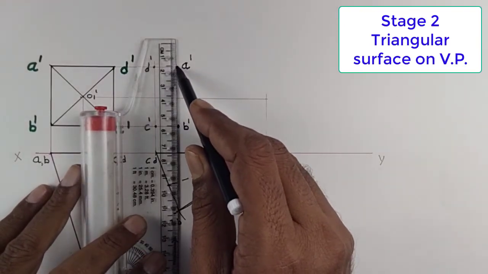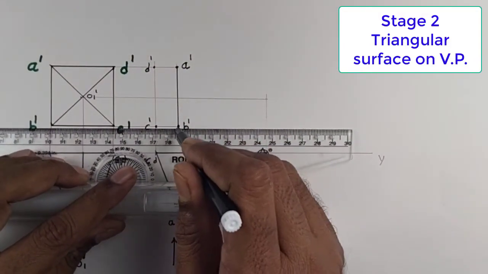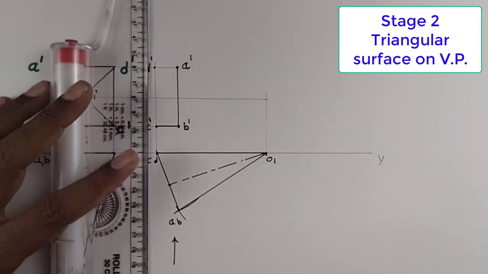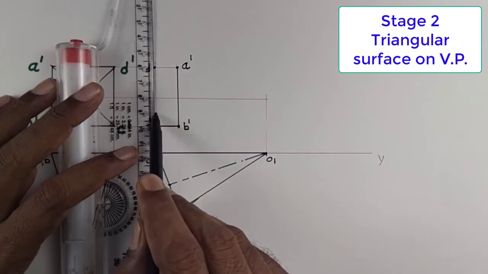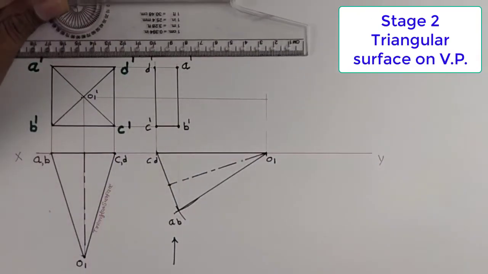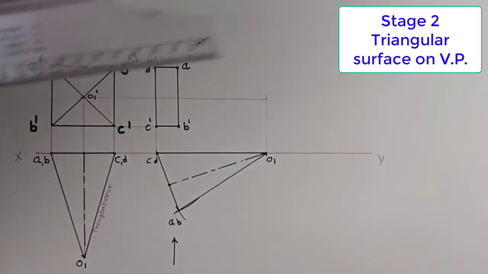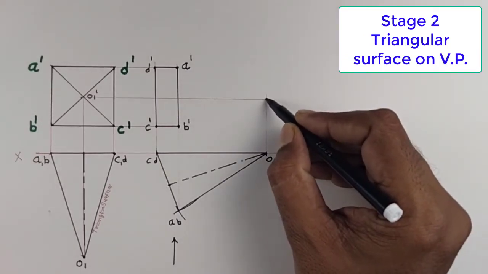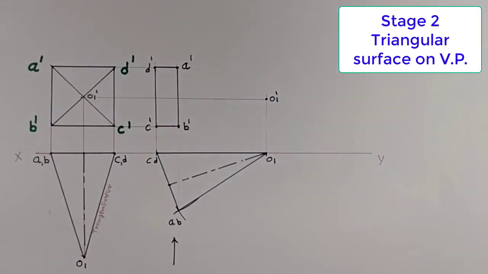So first A dash B dash, then B dash to C dash, then C dash to D dash, and you can join your A dash B dash. Now this is our elevation point of apex O1 dash.